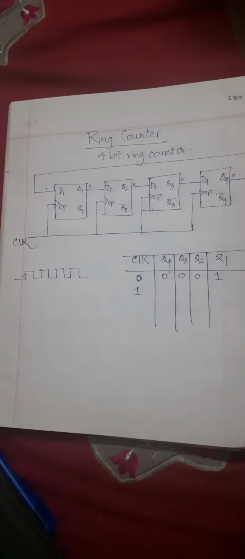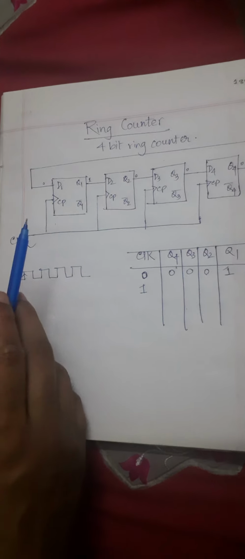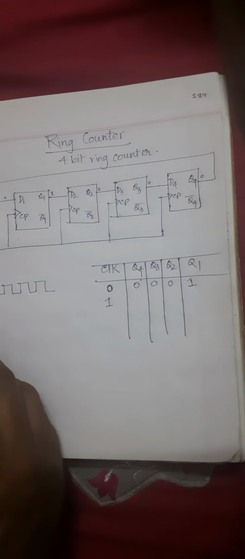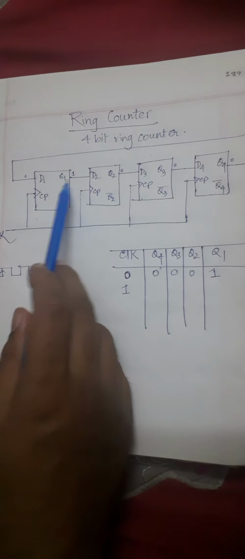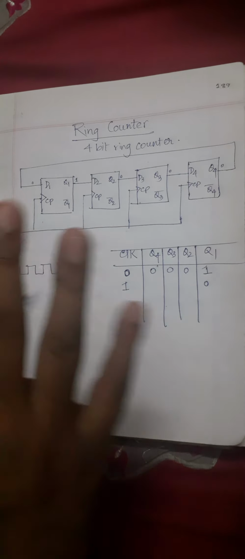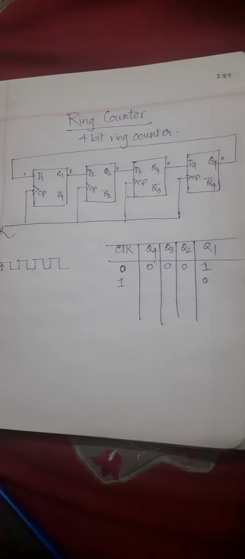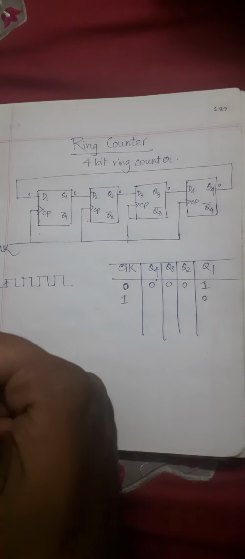Due to this 0, we will have a Q1 value of 0. Why is that? Because we told you that whatever the input to the D flip-flop, we are supposed to get the same value at the output.